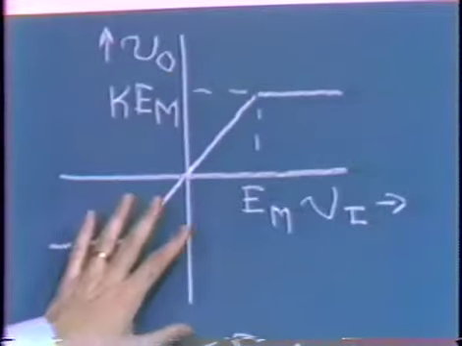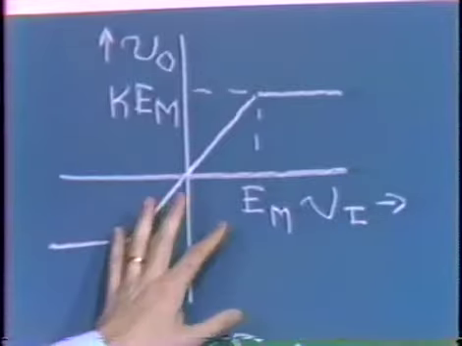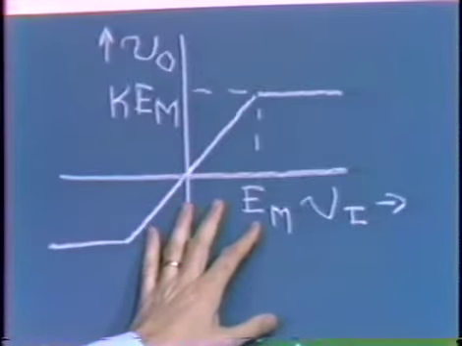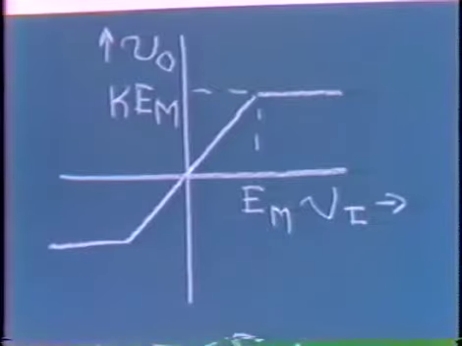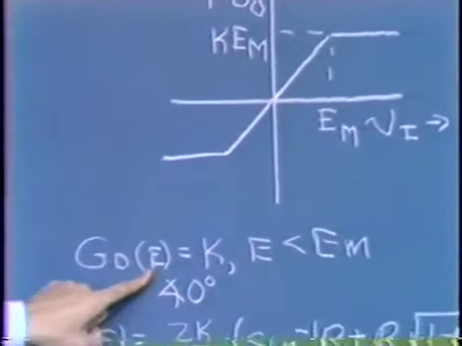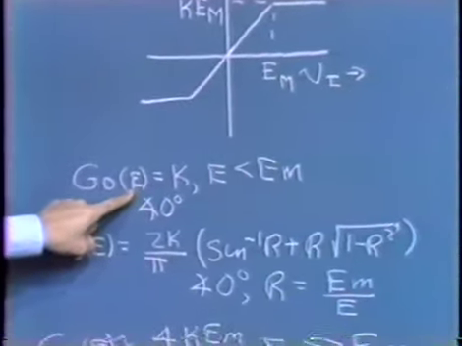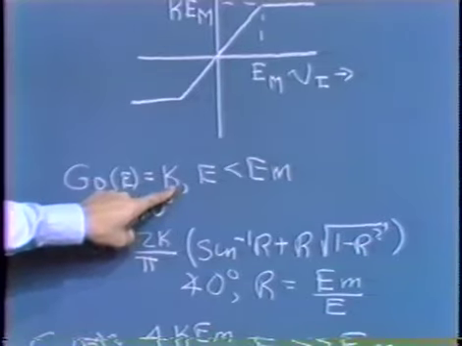So what this does, when we apply a sinusoid, providing our test sinusoid has a peak amplitude less than E sub m, we find that the gain of our element is simply k. We put in a sinusoid, we get out a sinusoid. The gain is simply equal to the slope of the transfer characteristics in the vicinity of the origin. Consequently, the describing function, as a function of the amplitude of our test signal E, is simply equal to k.